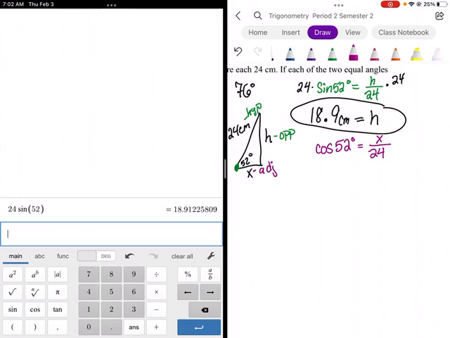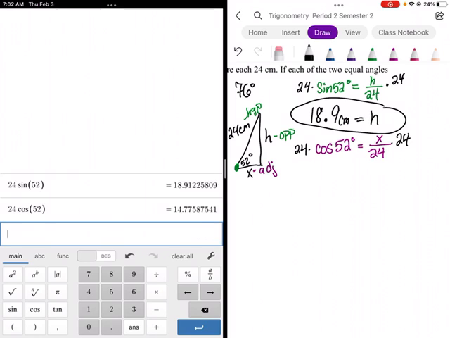So again, for this one, we'll multiply both sides by 24. And then we can type everything into our calculators. And this side is about 14.8 centimeters.